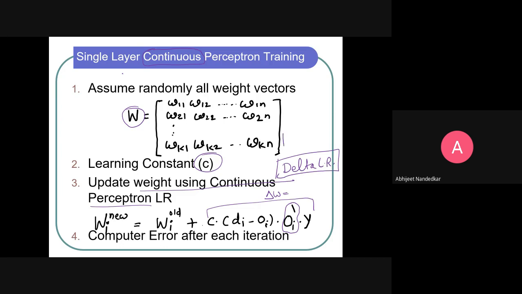We will use the original perceptron learning rule when we go for the binary neurons, with outputs plus or minus 1. Okay, so the only thing is we have to compute O dash to calculate delta W.